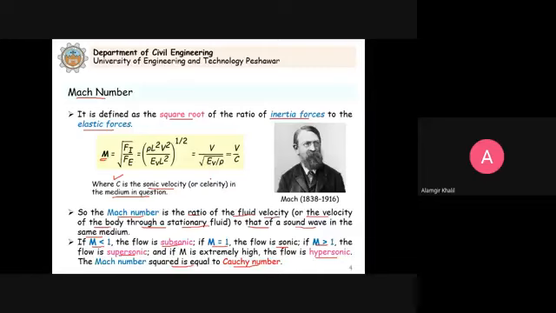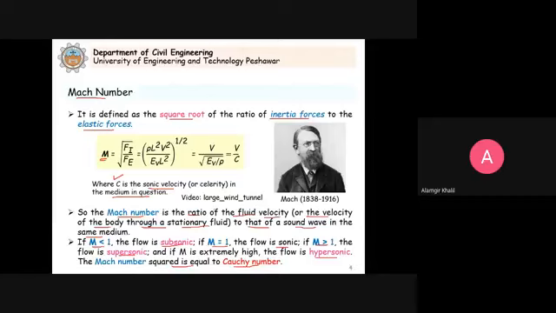Because of the limited time, and since these are not part of our syllabus, we will not study them in detail. But it is given here to tell us that it's not only Reynolds number and Froude number. In any fluid phenomenon, for dynamic similarity, you have to determine which forces are significant, and accordingly we can determine which dimensionless number is important.